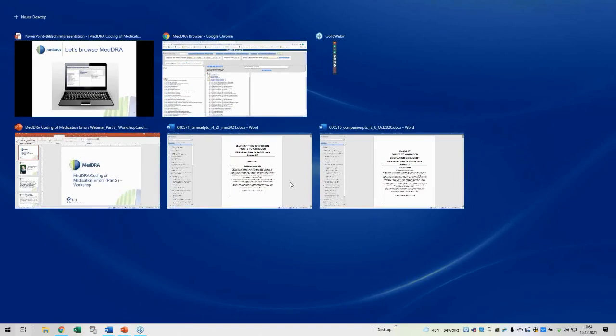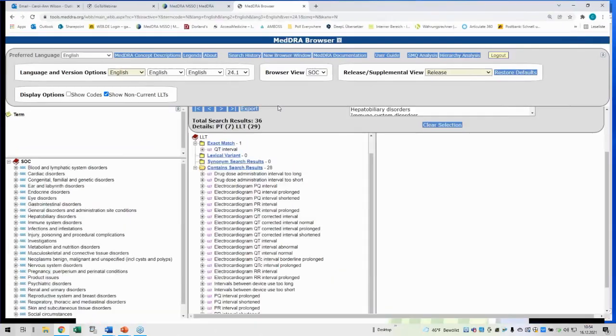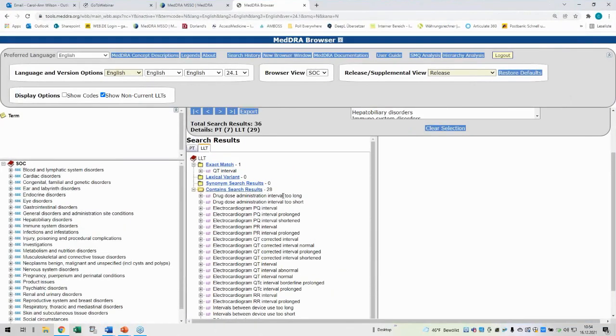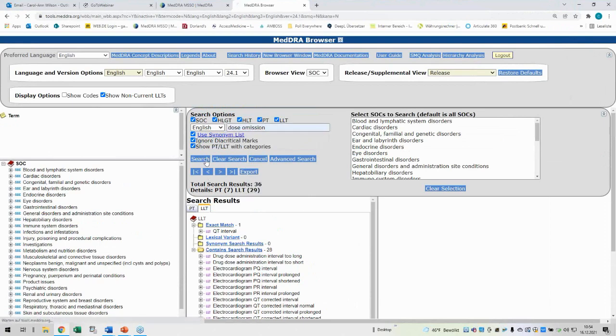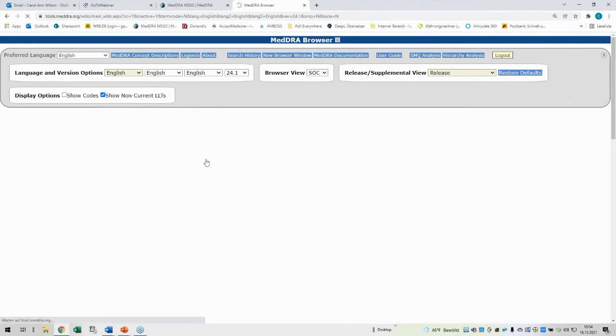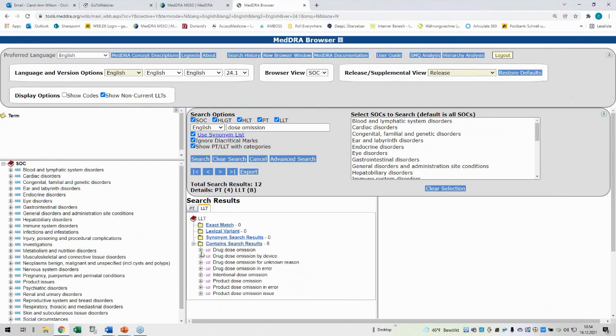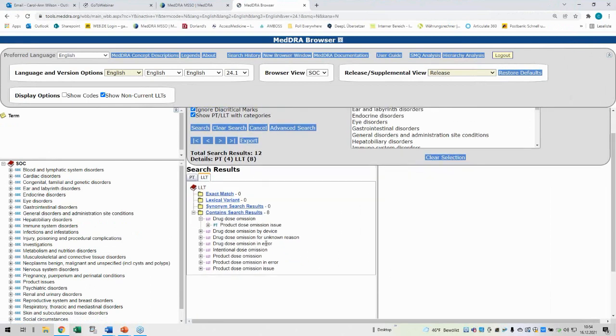Let me show you in the browser again. And first let us search for the dose omission. Here we have this, and let's see what hits we get. So drug dose omission is a neutral term, product dose omission issue. Then we have drug dose omission in error, and we have the intentional drug dose omission.